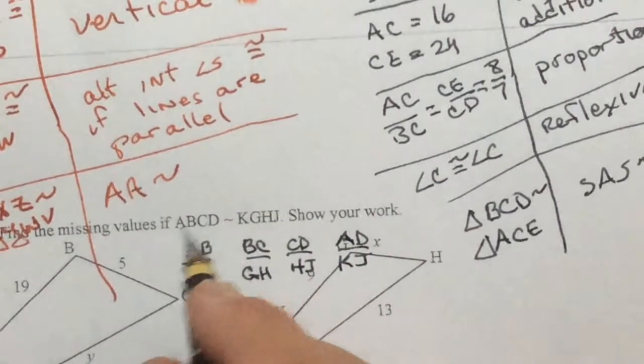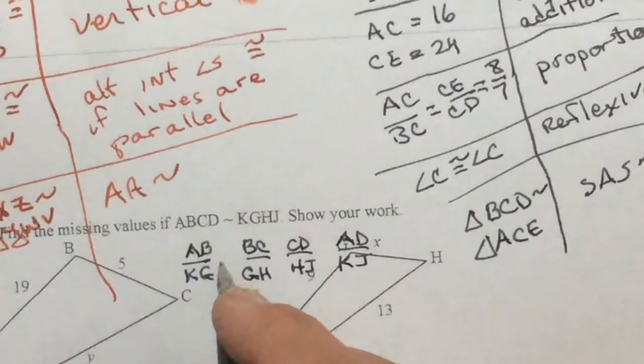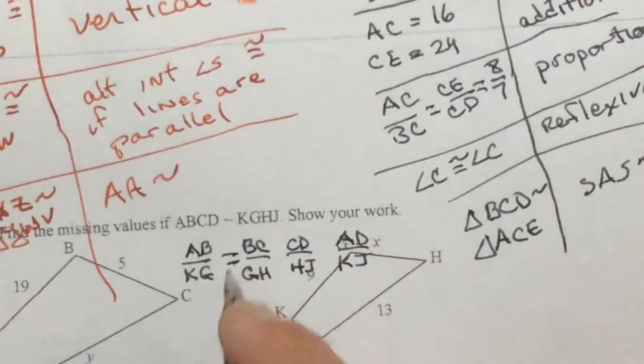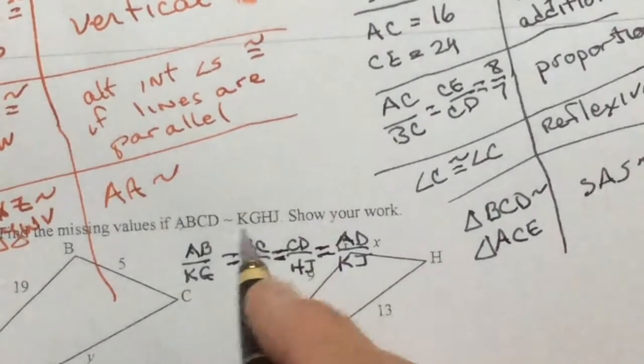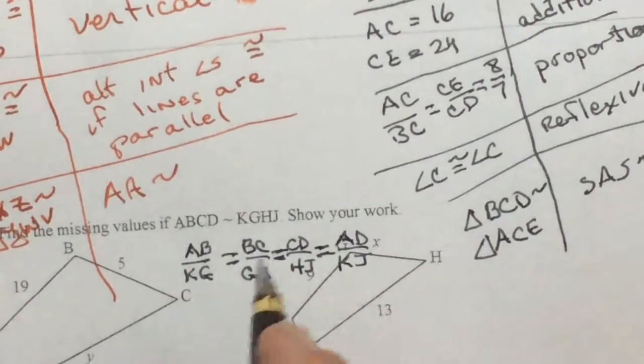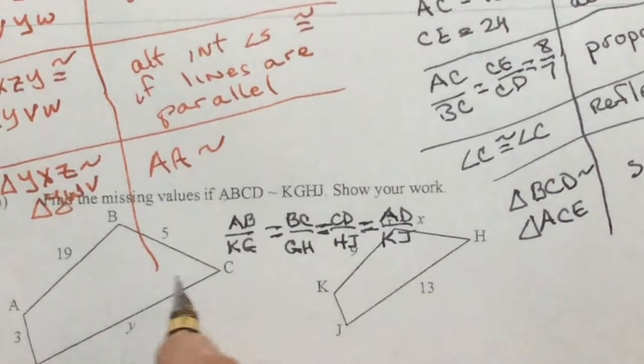Right? All because of the way they are in this statement. And if the two polygons are similar, which it says it is, these ratios have to all be equal to each other.